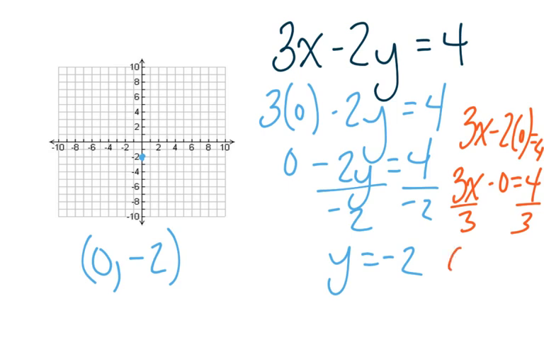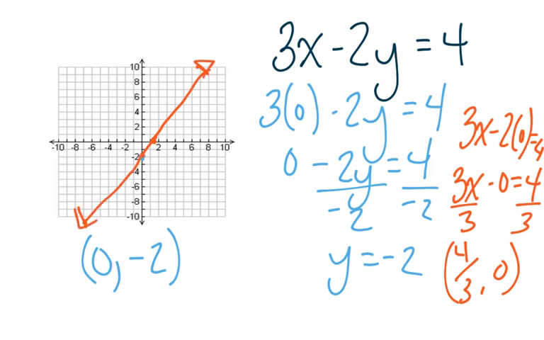So we get, I'm sorry, not 0, we get 4/3, comma 0. So then we'd have to come over here and look and see, okay, 4/3 is 1 1/3, so that might be right here. And if I can get my dot, and then we would connect those dots.